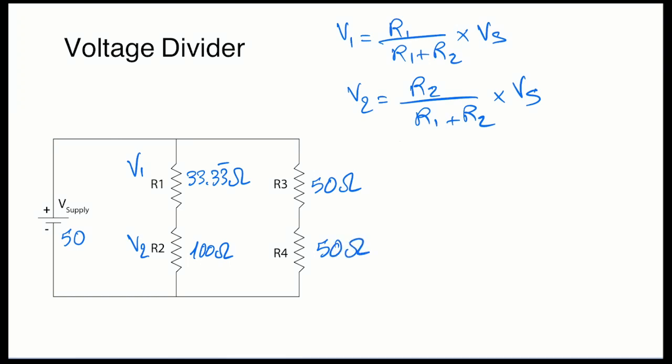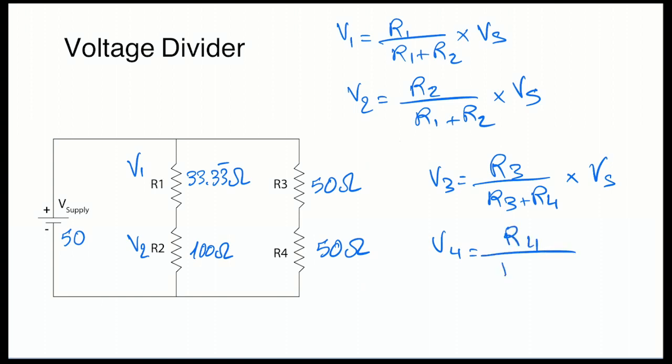I would like you to pause the video and try to figure out the voltage drops. Obviously, V3 is going to be R3 divided by R3 plus R4 multiplied by Vs, and V4 is going to be R4 divided by R3 plus R4 multiplied by Vs.